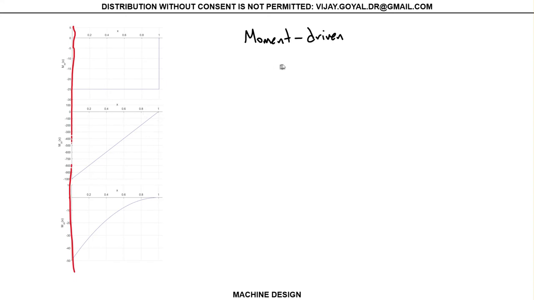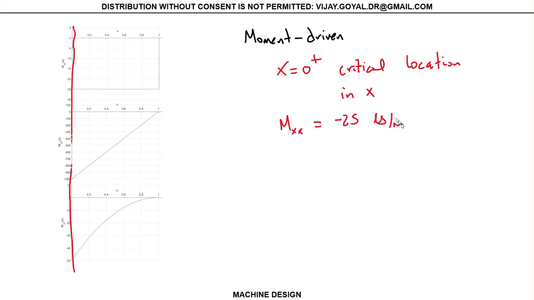So you can say x equal to 0 plus is the critical location in x. Okay, and at that location, your moment Mxx will be minus 25 pound-inches.